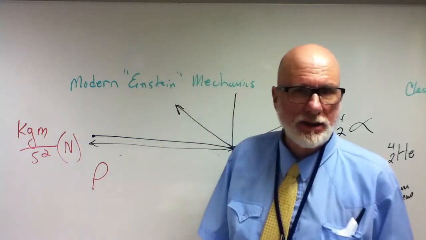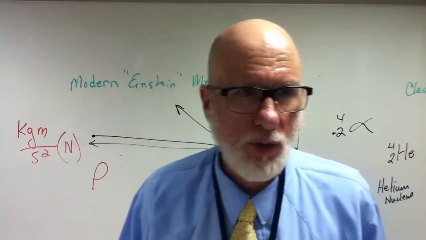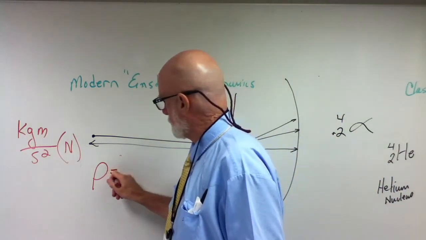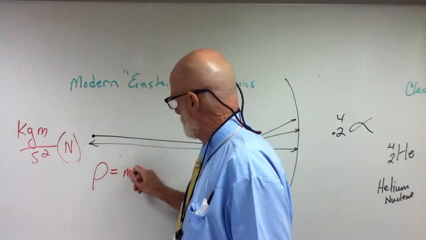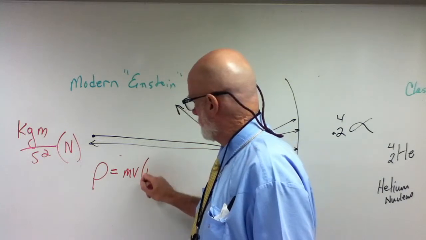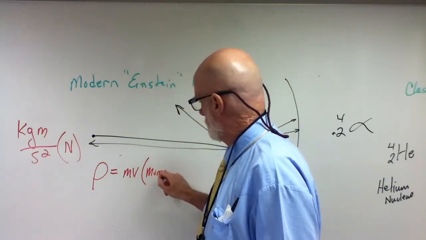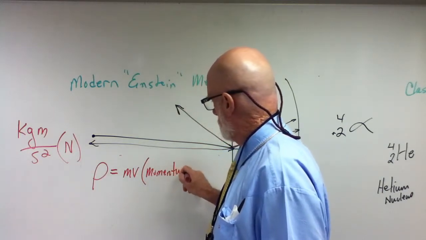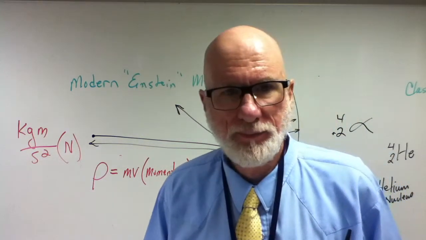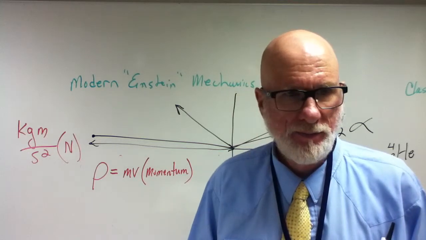The Greek letter lowercase rho, okay, that equals mass times velocity, which is momentum. Is that all right? Okay? You all right with that? Okay.